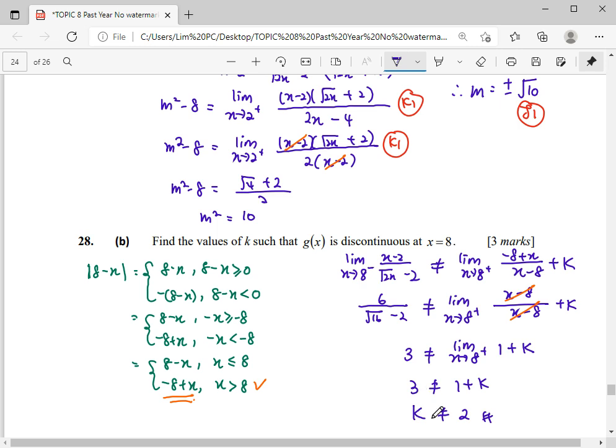So any k cannot equal 2 only. So this is our concept to make it discontinuous: left hand side not equal to right hand side. Choose the correct function in our piecewise and simplify it to find the k value.